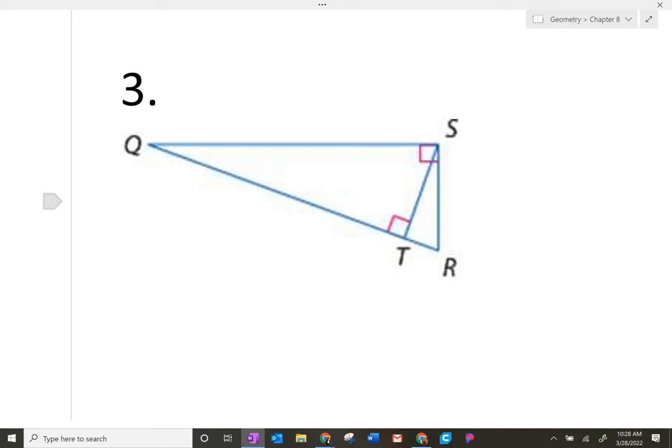So start with the right angle, to the arc, to the no angle. Perfect. Pretty good.